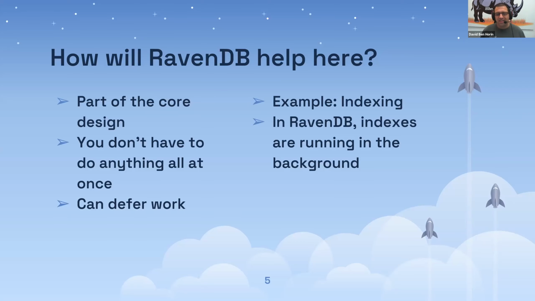The most obvious example here is that indexes in RavenDB are running in the background. Why does it matter? It matters because I can complete the transaction and return the results to you before the indexes run. Conversely, it means that when you query the index, you don't have to wait for the other transaction to complete.